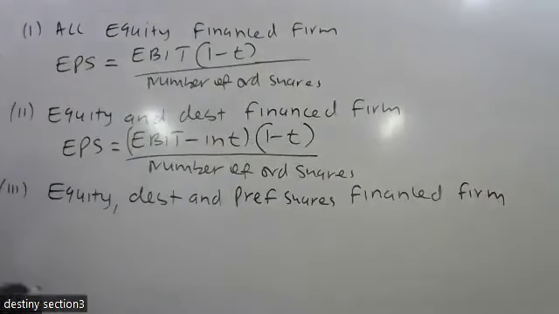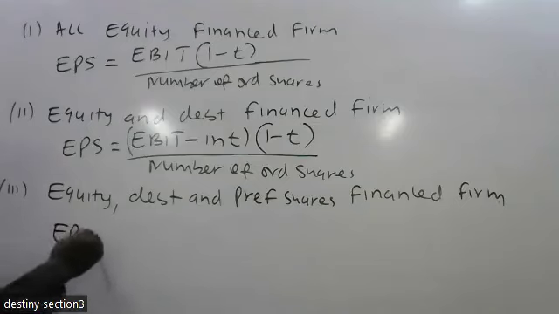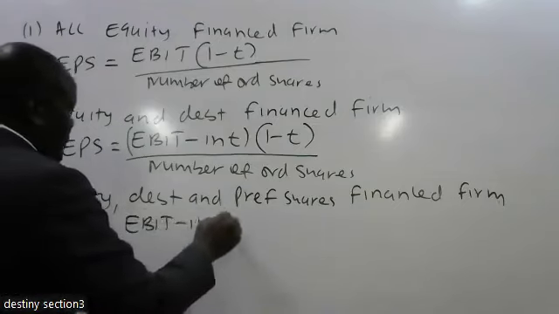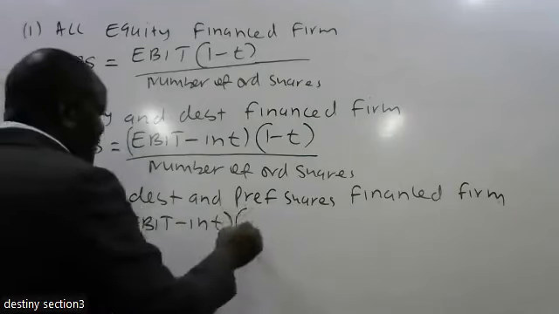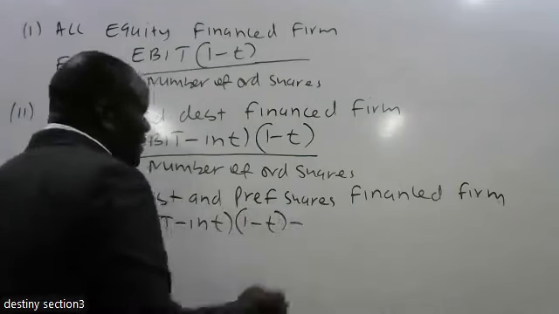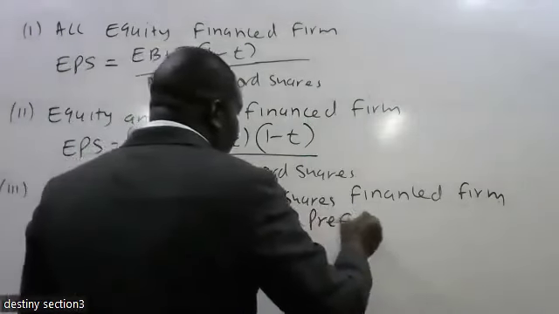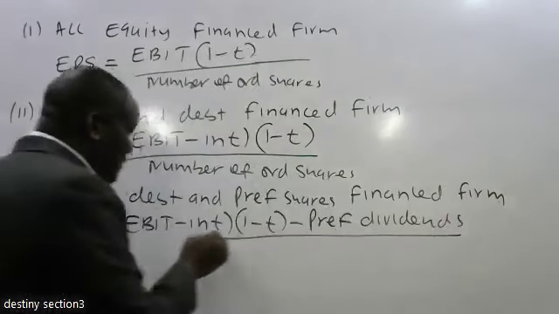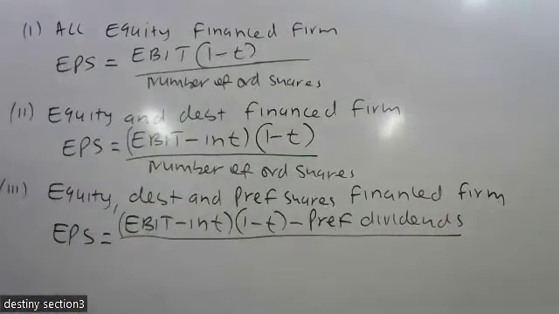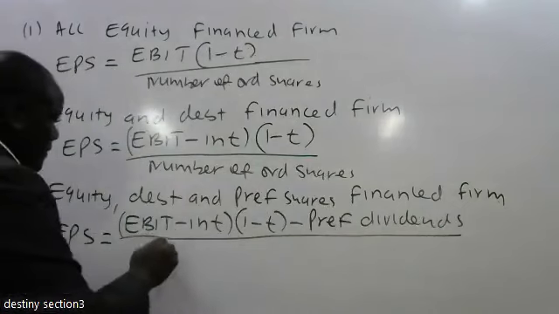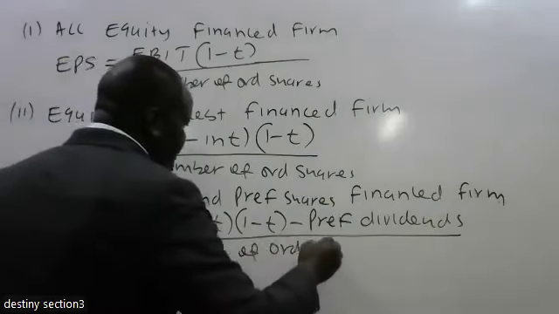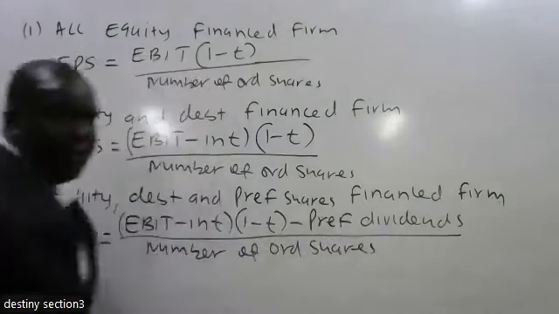So if that is the case, earning per share for that option will be equal to earnings before interest and tax, minus interest, times 1 minus the tax rate, then we subtract the preference dividends, then we divide by the number of ordinary shares.